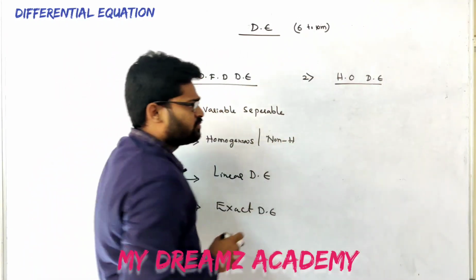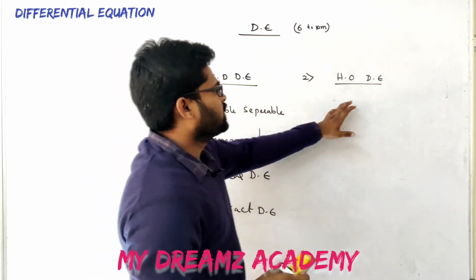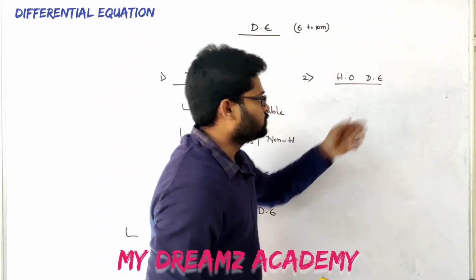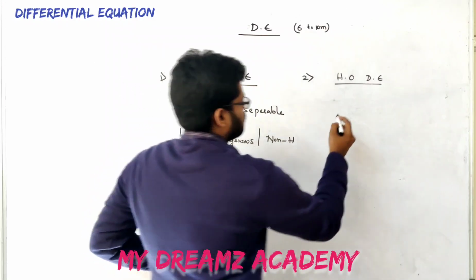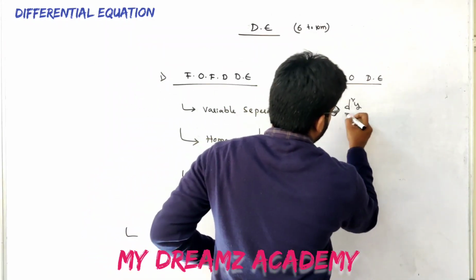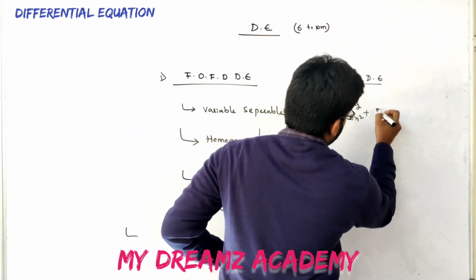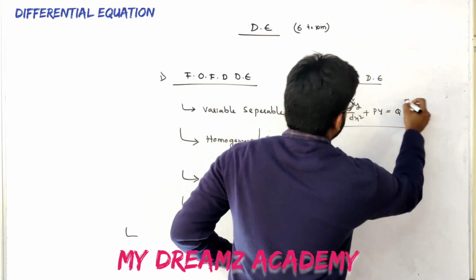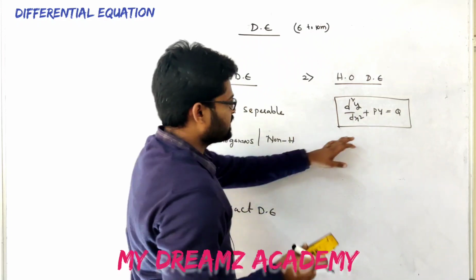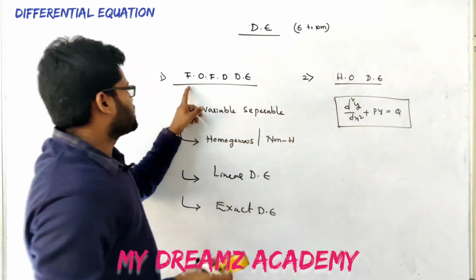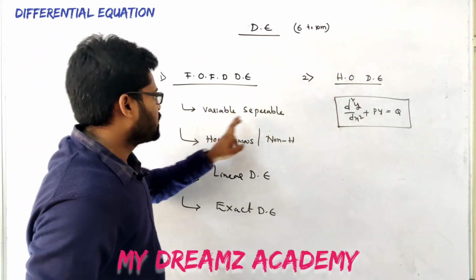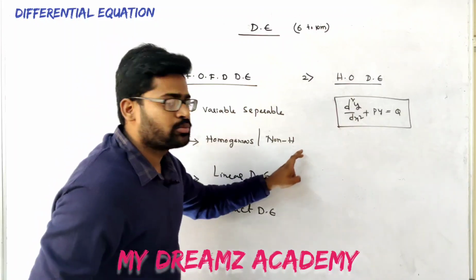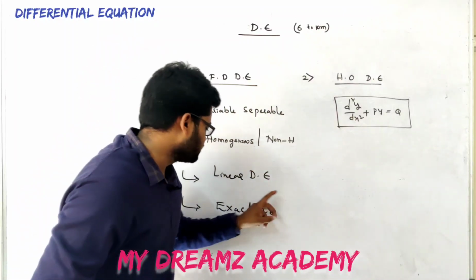A higher order differential equation contains more than one order. Let us take d square y by dx square plus py equals q. We'll see this later.